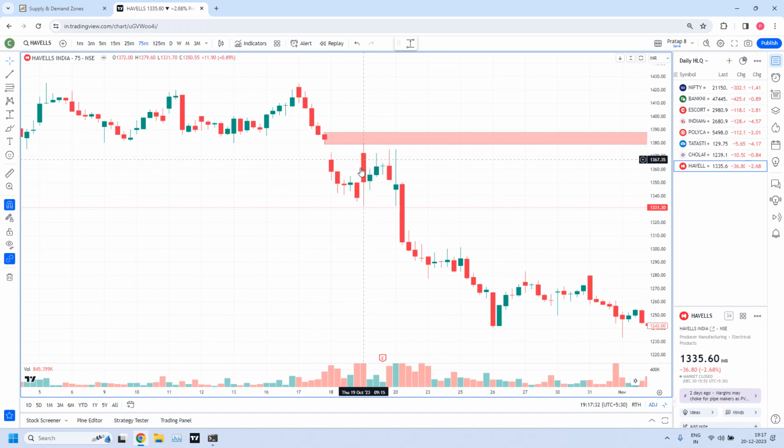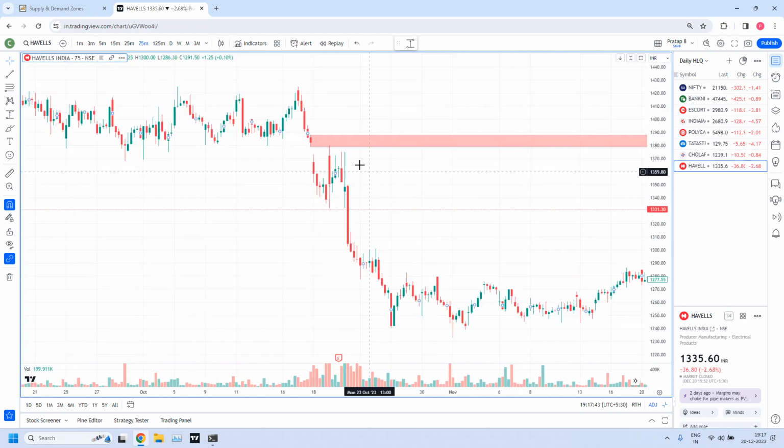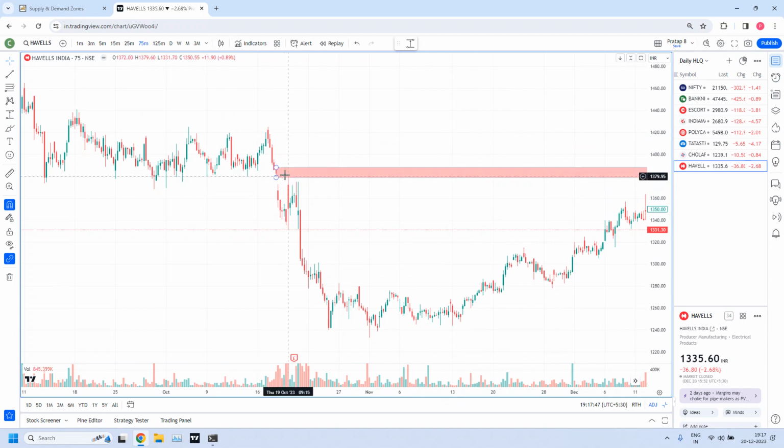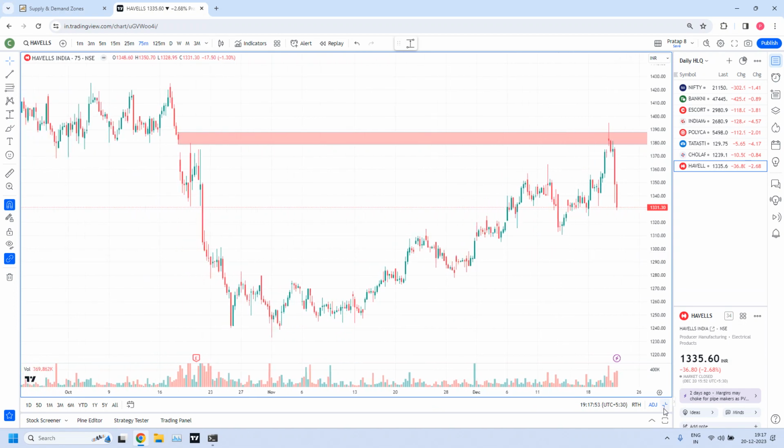See, previously once it tested this zone, at the proximal line, at the 75 minutes zone level, it was successful. But how we do, we plan inside, we will draw a 15 minutes high liquidity zone. That way we take the trade. So where is the 15 minutes zone?